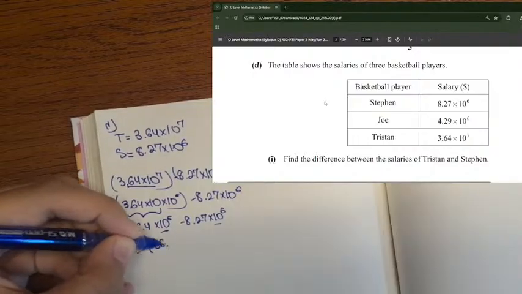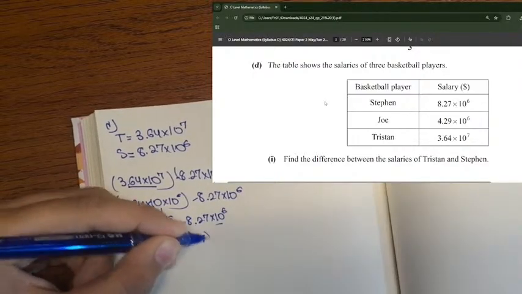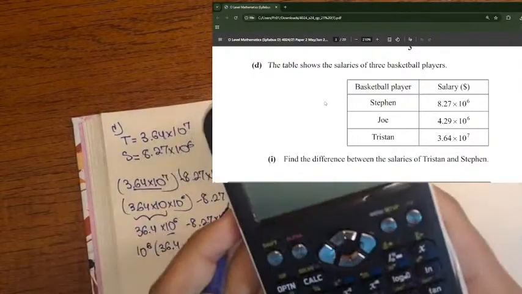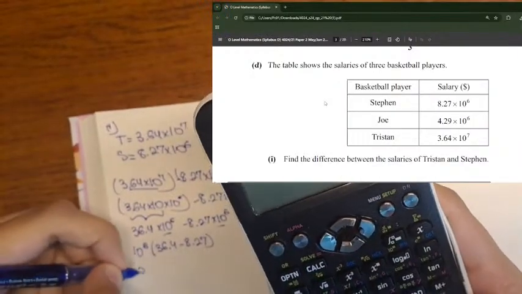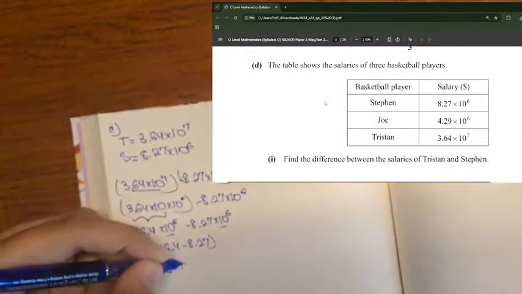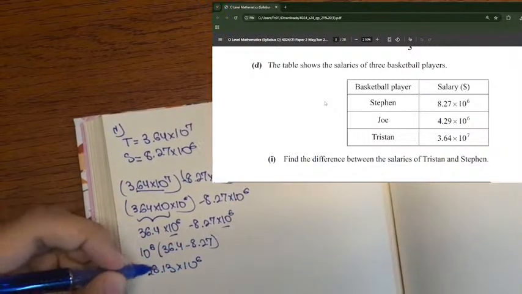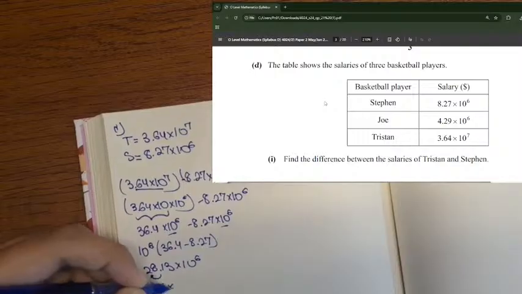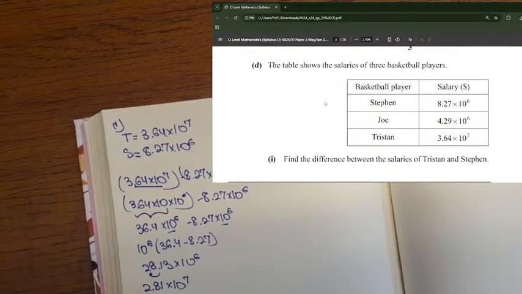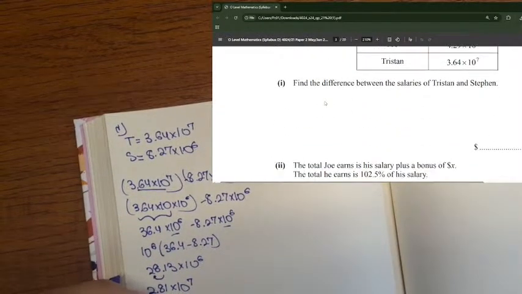It becomes 36.4 minus 8.27. When we evaluate that with the calculator, that becomes 28.13 multiplied by 10 to the power 6. Now we can move this decimal place one point further and it becomes 2.81 multiplied by 10 to the power 7. That is the difference between the salaries of Tristan and Stephen.